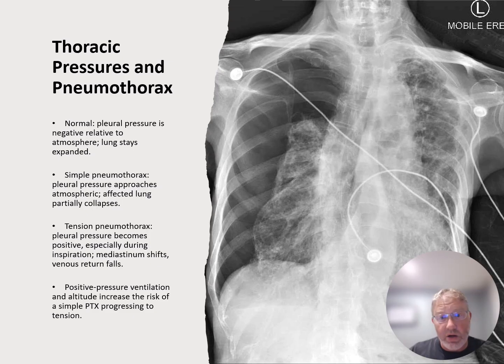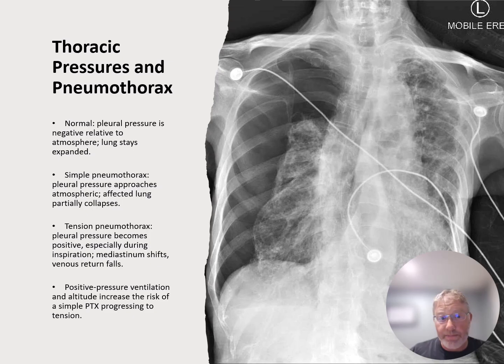The affected lung partially collapses, but the mediastinum is usually stable and venous return is usually maintained. In a tension pneumothorax, that air becomes trapped, and each breath adds more air. Pleural pressure becomes more positive, the lung completely collapses, and the mediastinum shifts. This shift compresses the vena cava, drops venous return, and causes obstructive shock.